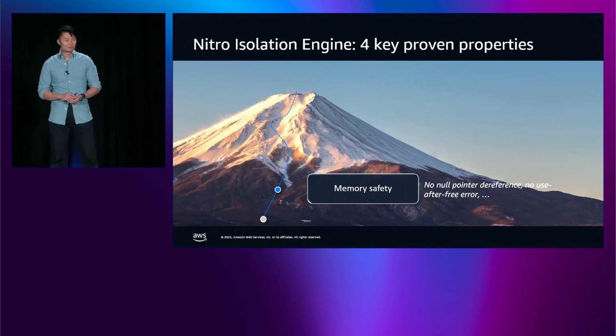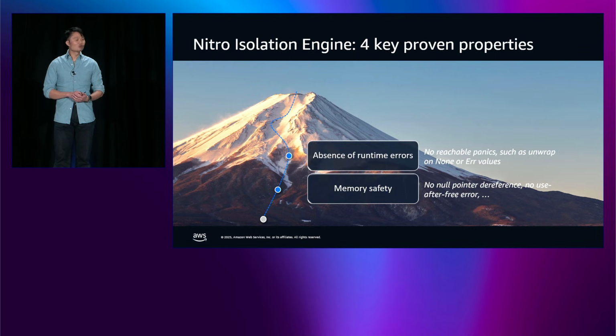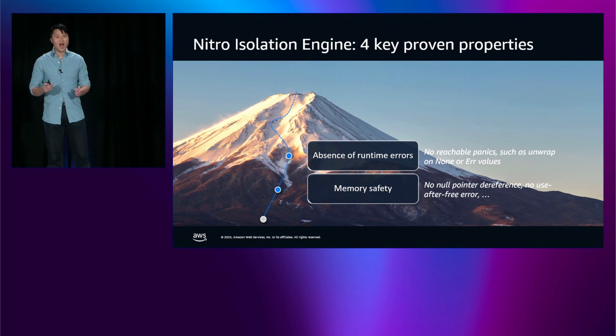But we can climb further, because memory-safe Rust programs can still have runtime errors. For example, if you try to unwrap a none-option value. So we prove, additionally, the unreachability of such conditions, which is to say, the absence of runtime errors, which is important for the reliability of the system.